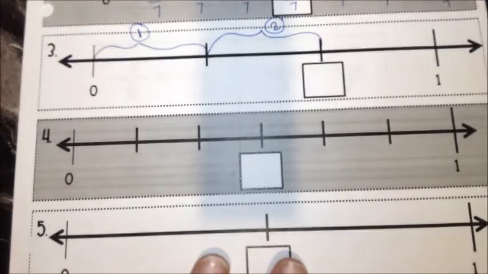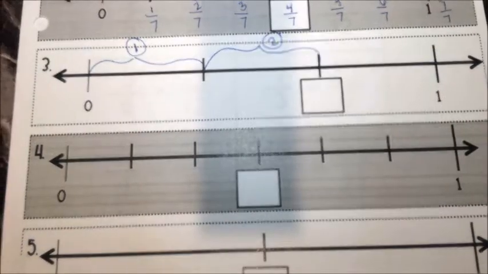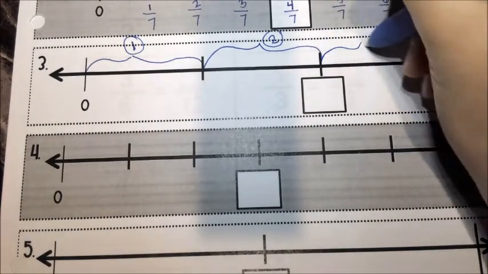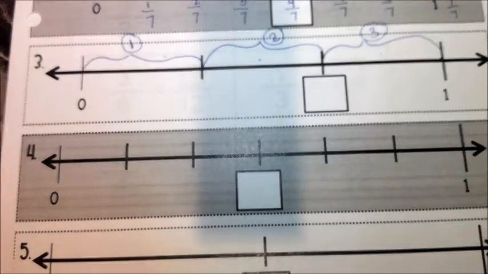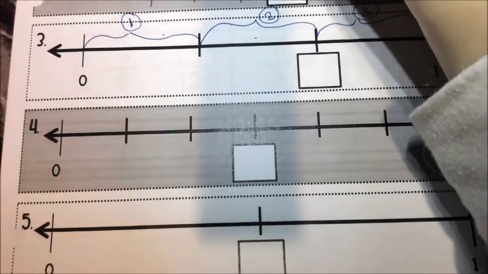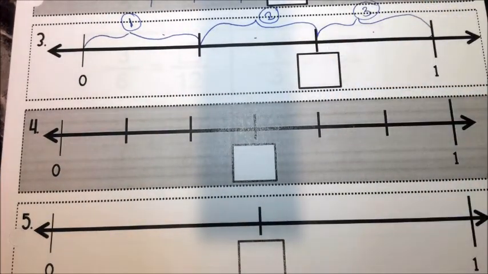And if I go from that dash to my 1, that would be 3. This means that there is 1, 2, 3 sections. How many sections there are is going to be your denominator.